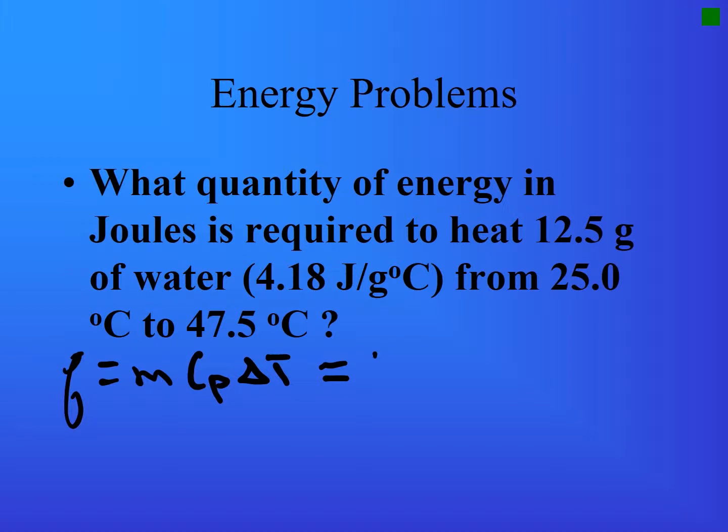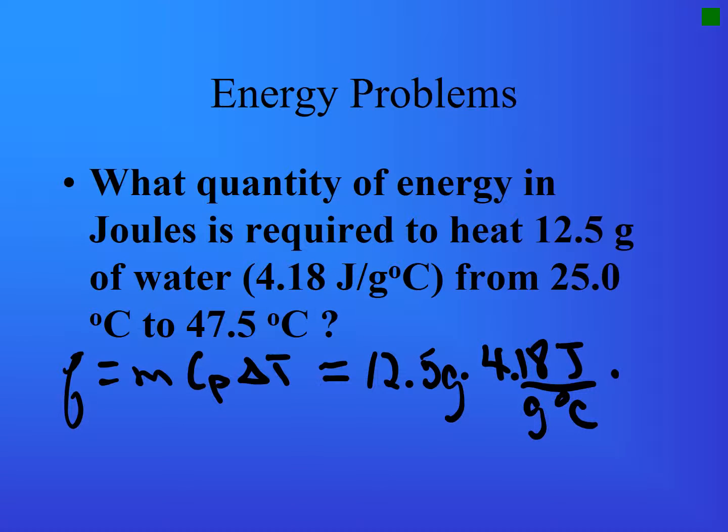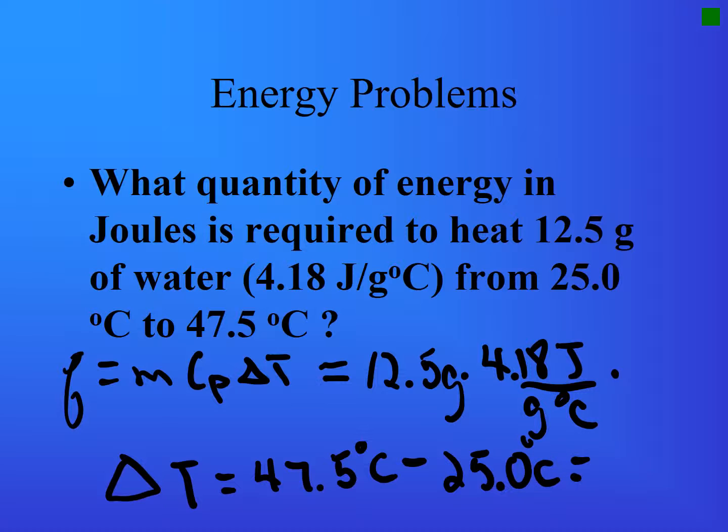We have 12.5 grams times our Cp, which is 4.18 joules per gram degree C. Then we figure out our ΔT, our change in temperature: 47.5, that's our final, minus 25.0, which equals 22.5.